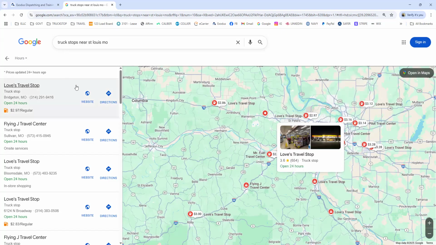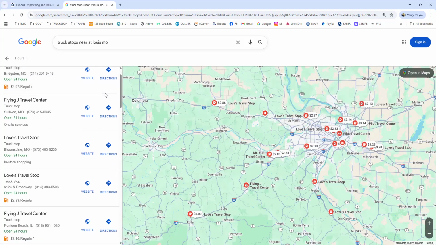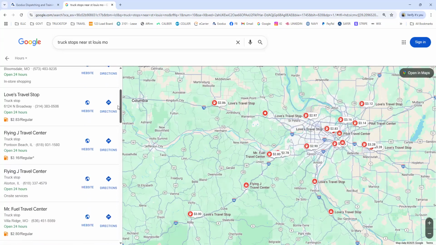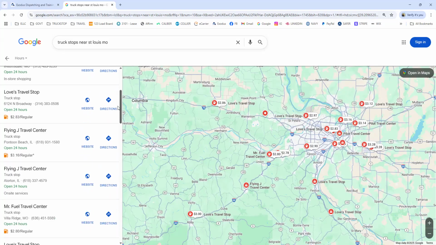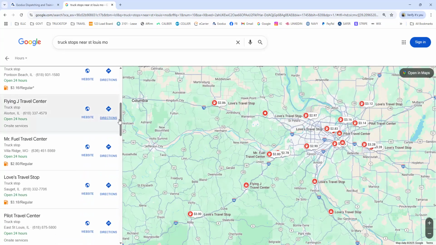Sullivan, Bridgetown, Bloomdale. Platoon Beach, Illinois. I'm assuming that's near you. Also Alorton, Villa Ridge. Yeah, Illinois is starting to get further out there because I'm in O'Fallon, Missouri, so I'm actually like 40 miles west of St. Louis. Okay. So St. Louis is kind of a drive too, but it's good to see all the gas stations that are out there, though.